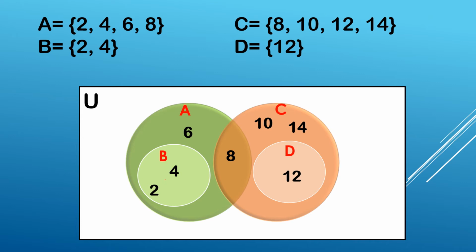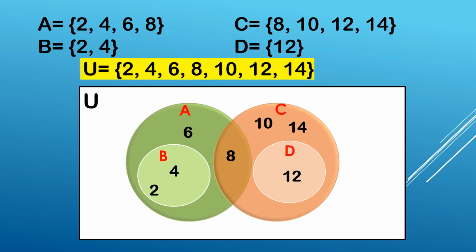So the universal set, we have 2, 4, 6, 8, 10, 12, 14. So ito yung mga combinations ng lahat ng mga elements na nasa loob ng ating quadrilateral. So we have these elements.